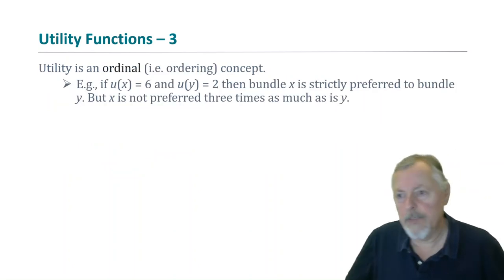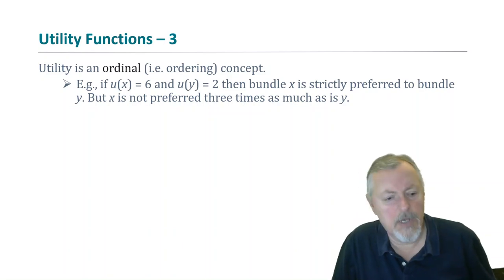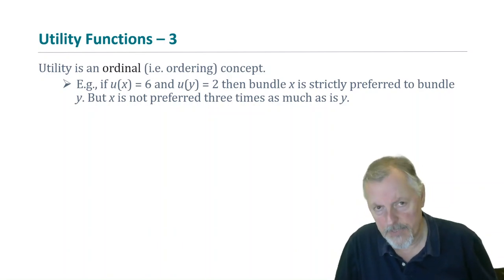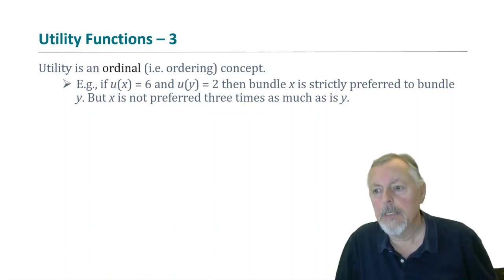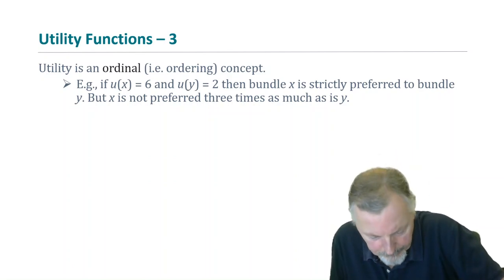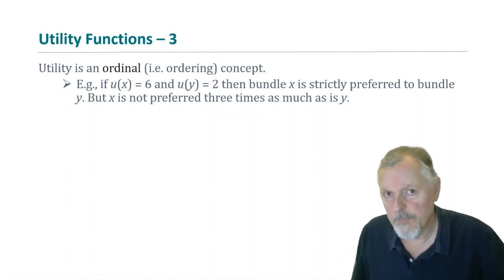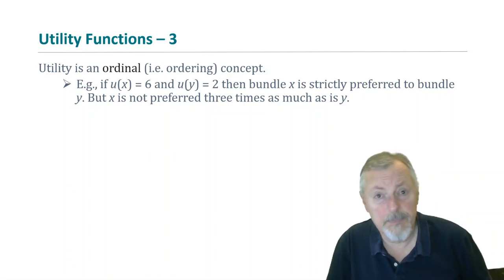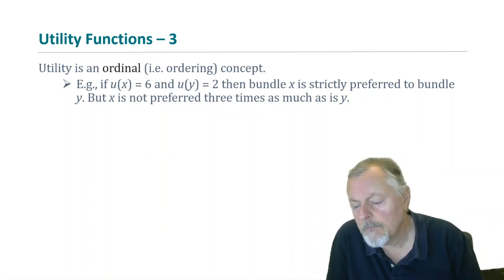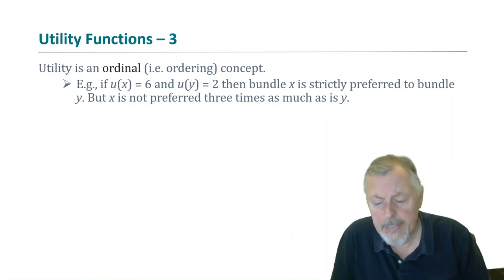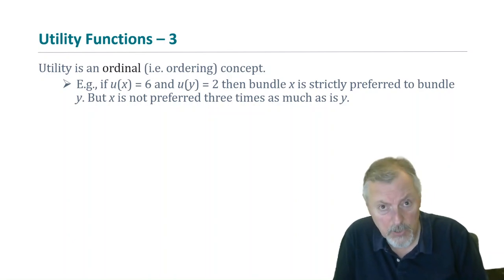Now, utility is an ordinal concept. A little bit of history. Early on, economists, when they were developing this concept of utility, tried to represent it as a cardinal number.